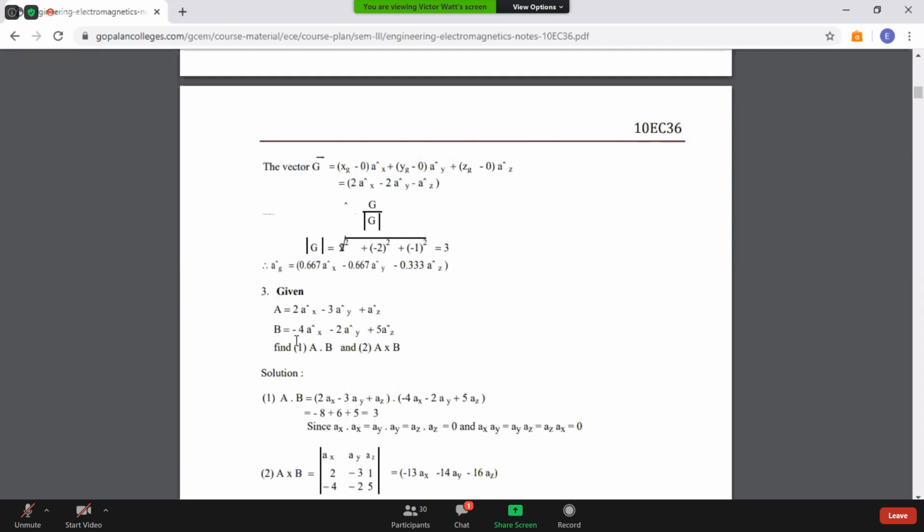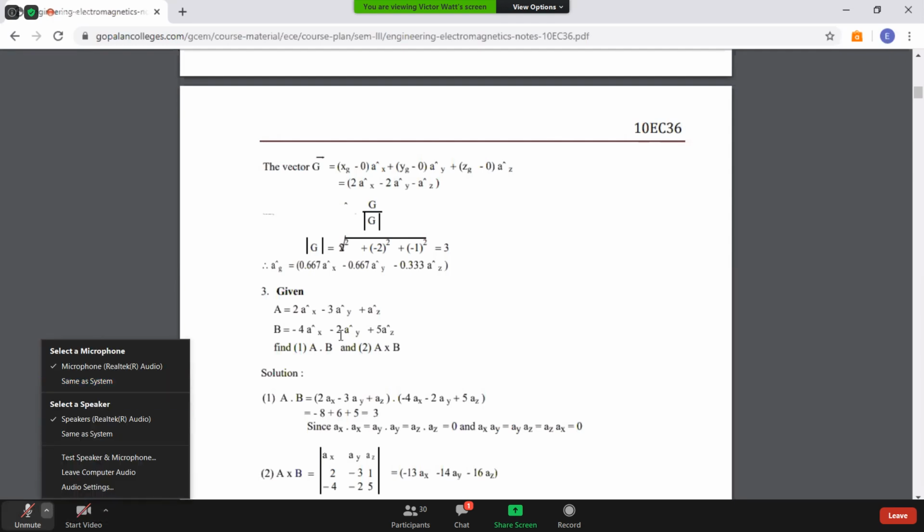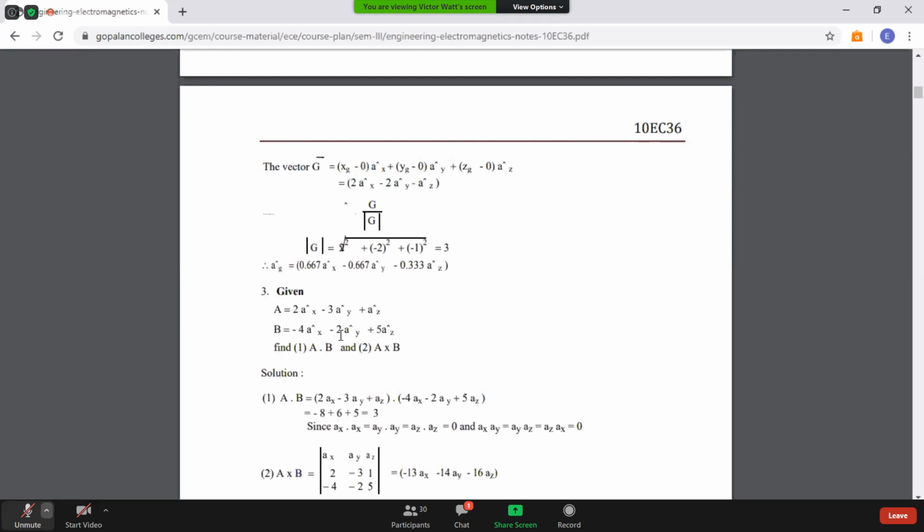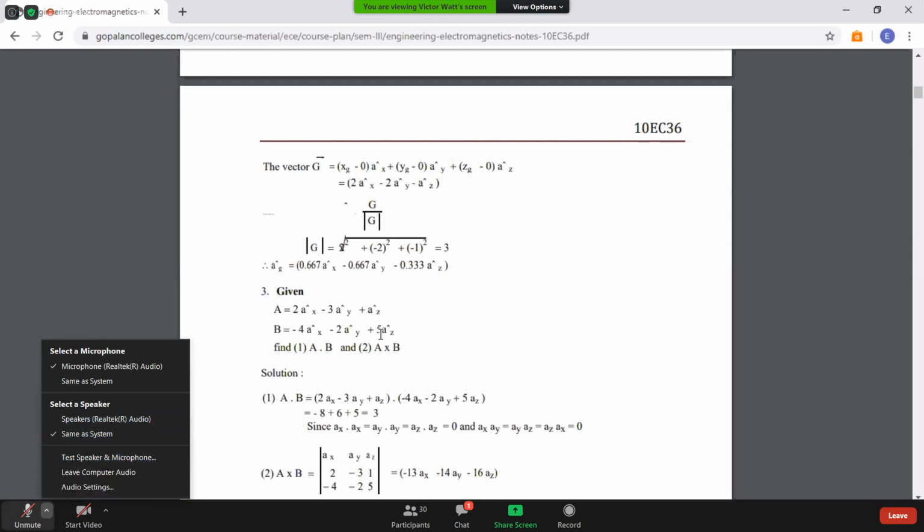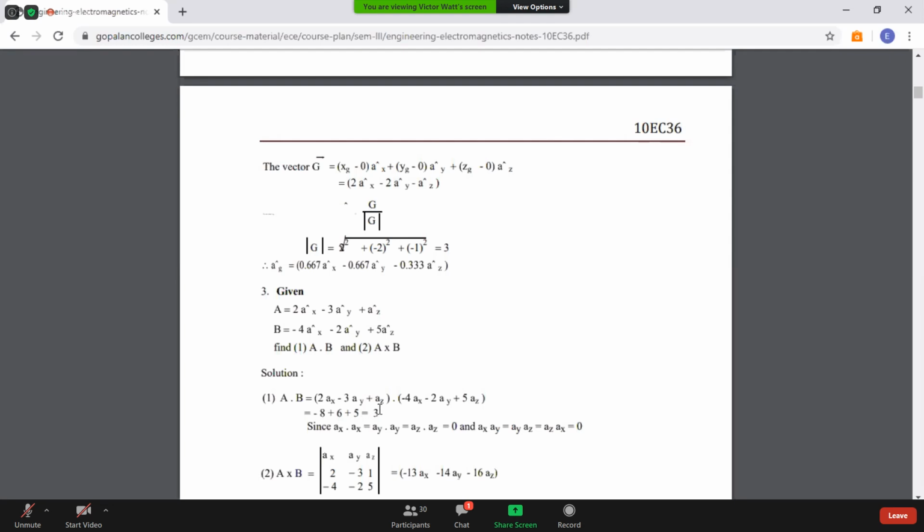So you would work out to merely 2 times minus 4 plus minus 3 times minus 2 plus 1 times 5, which works out to 3.